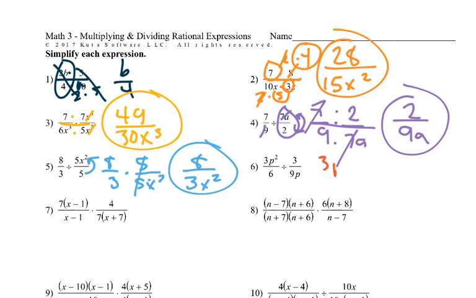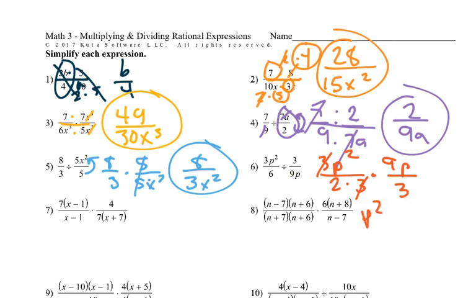So I'd have 3p squared over 6 times 9p over 3. So if I look at this one, what I can do before I flip it is try to simplify the fractions separately if I wanted to. Like 6 is really 2 times 3, so that'll get rid of 1 3.